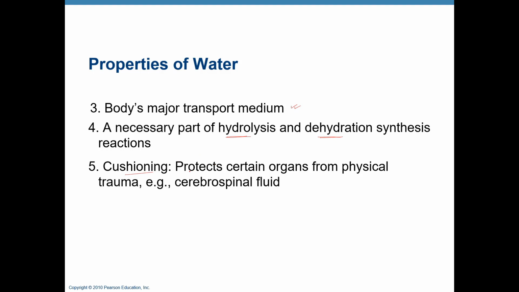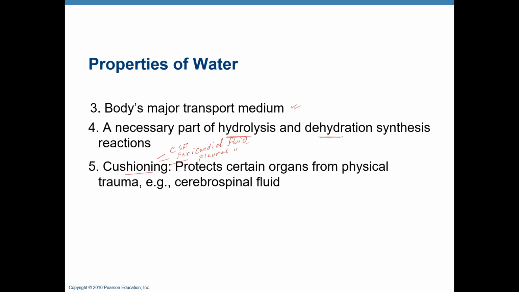Around your brain, you have cerebrospinal fluid, which is mainly water, to protect your brain. Another fluid around your heart is called the pericardial fluid. Around the lung, you have pleural fluid.